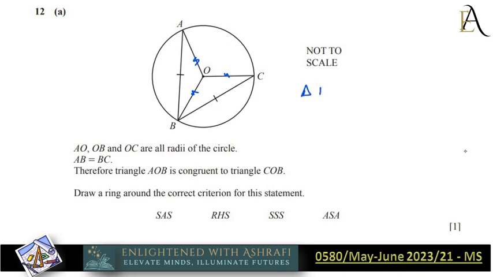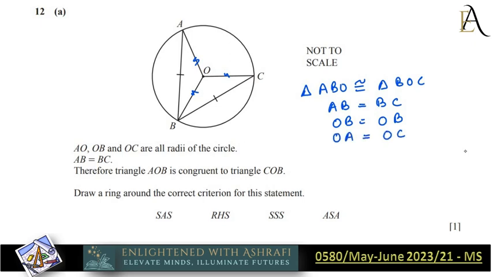We know that AB is equal to BC, OB is common, and OA is equal to OC.